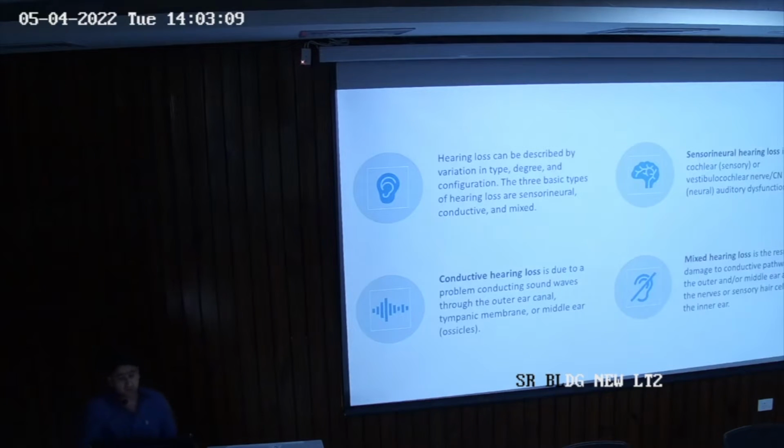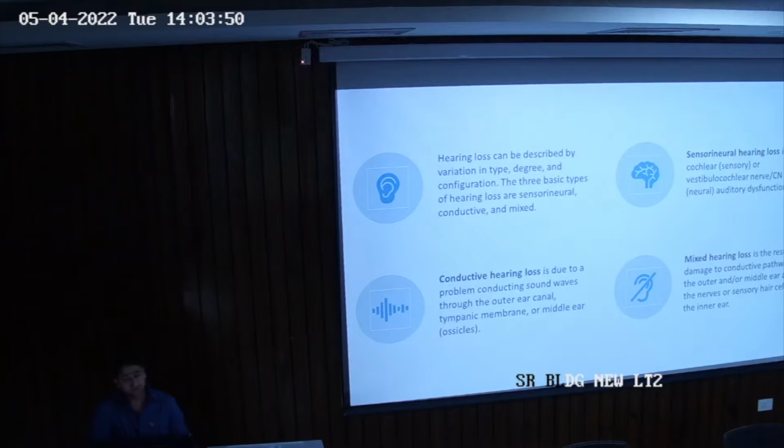Hearing loss can be described by the variation in type, degree and configuration. The three basic types, as we just read, are SN loss, conductive and mixed. SN loss is due to a cochlear and neural component, that is cranial nerve number 8.